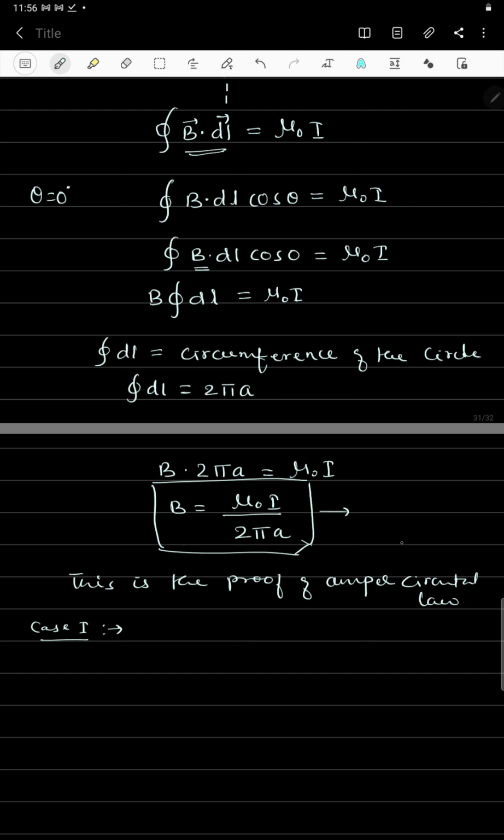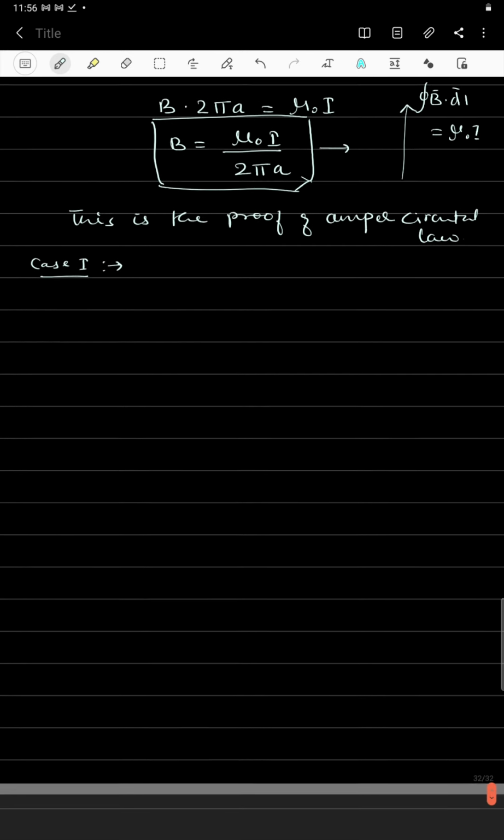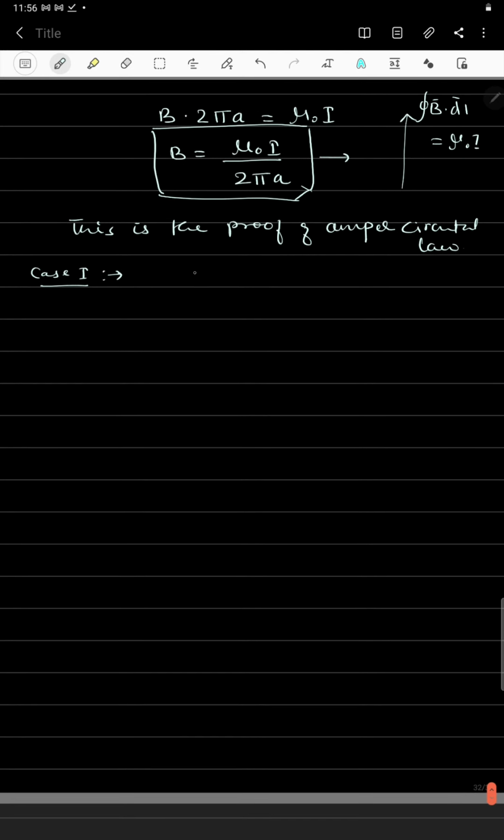If you go in reverse from this equation, then you will get the integral of B dot dl equals mu naught I. Both are the same, so both give the same equation, that is Ampere's circuital law only. And in this law we'll see two cases.